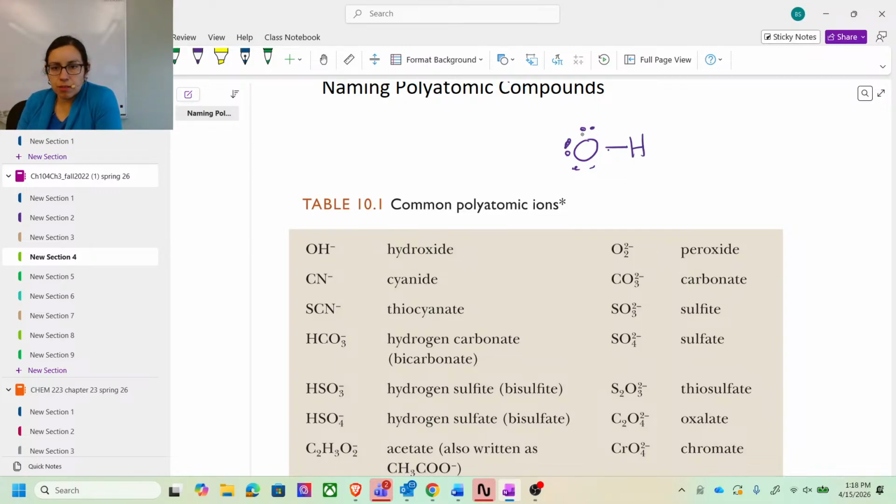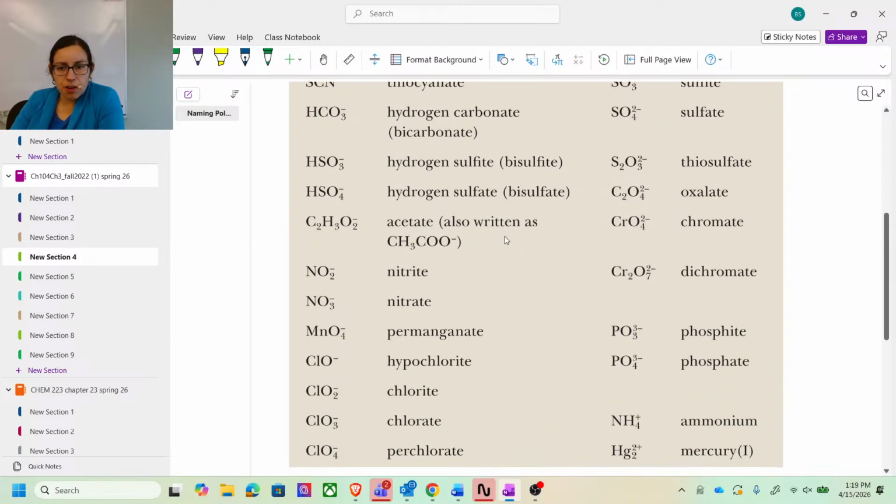Let me count my electrons. So we have our hydroxide here, negative charge on our oxygen. And again, our polyatomics just have a charge.